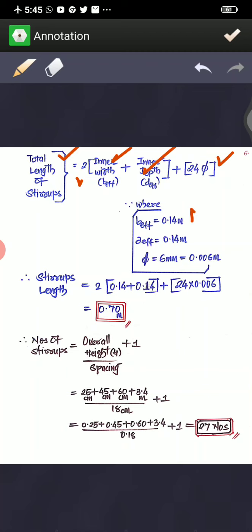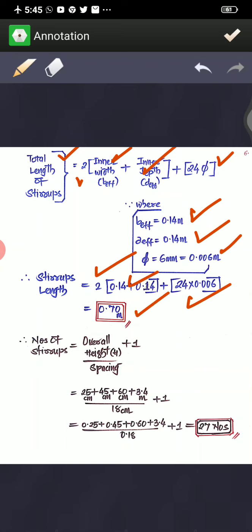Inner width is 0.14 meter, inner depth is 0.14 meter, dia is 0.006 meter, so you add 24 times 0.006. That is 2 into (0.14 plus 0.14) plus 24 into 0.006. You get 0.70 meter as the total length of stirrup.